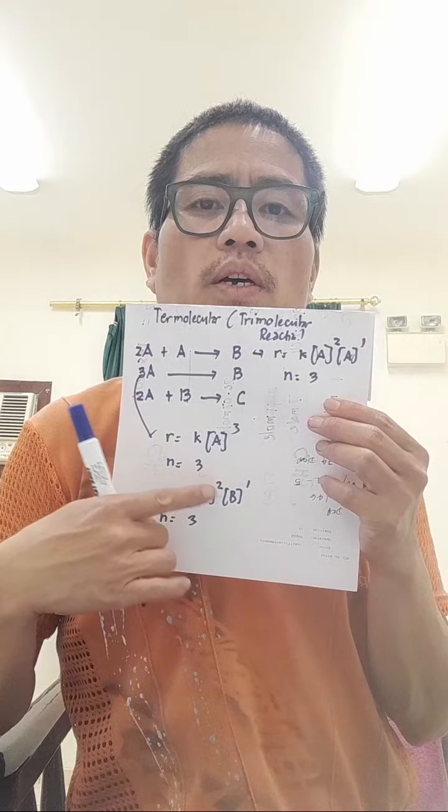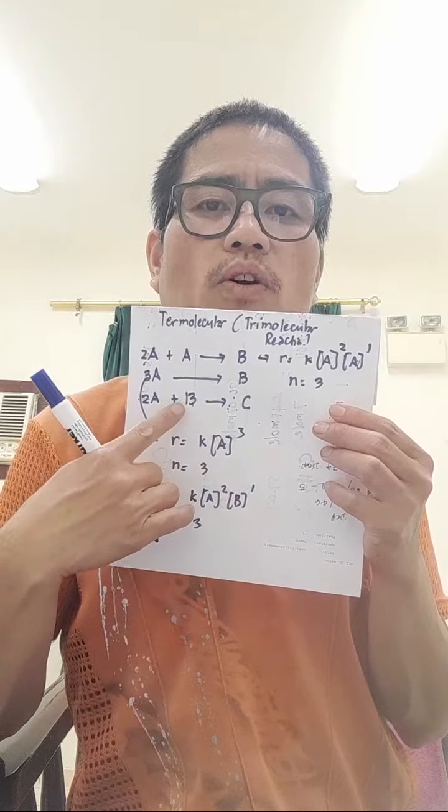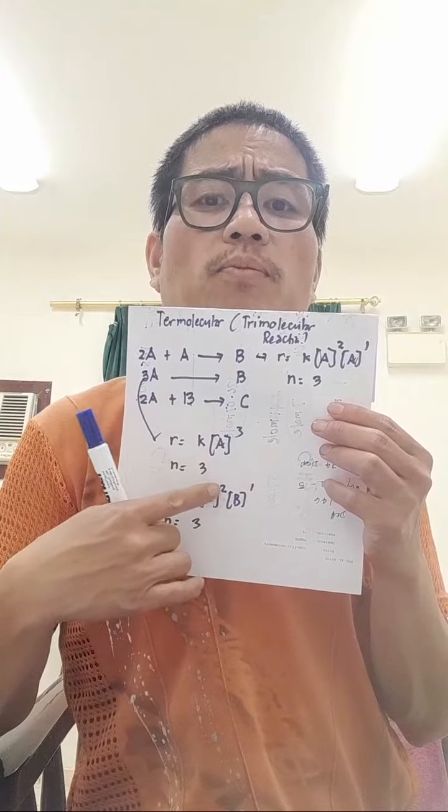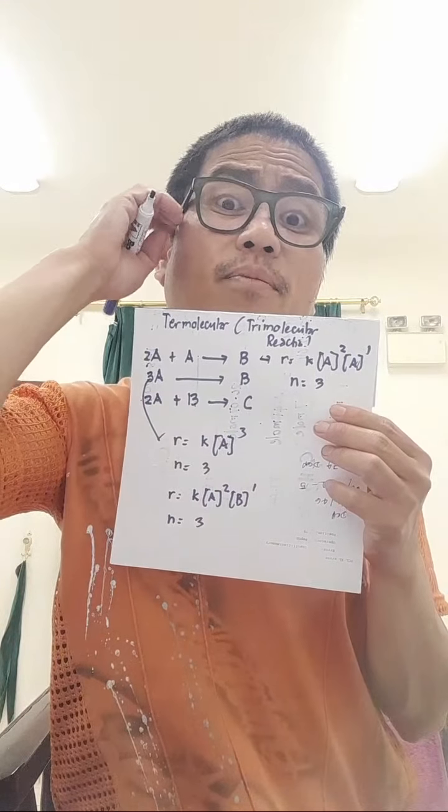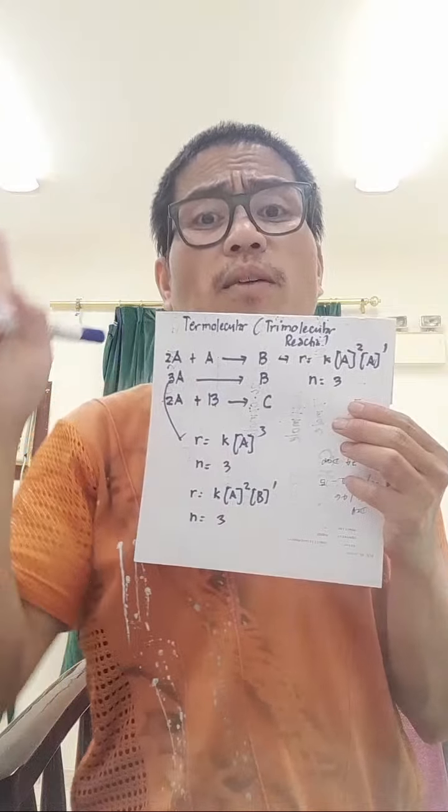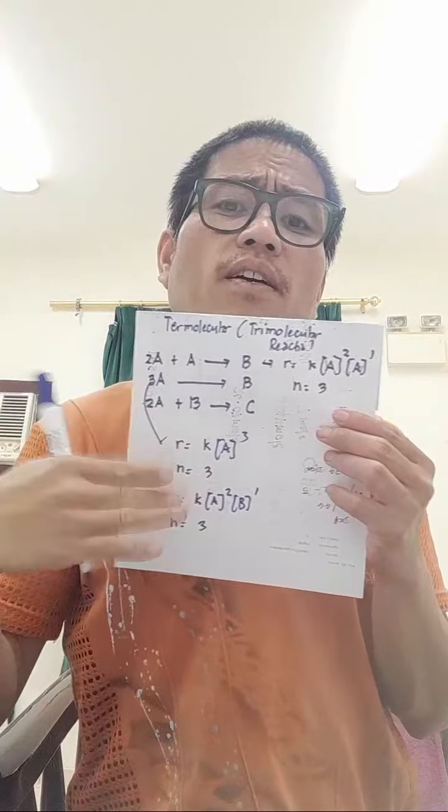This one, so R equals K, A raised to the power 2, then B raised to the power 1. This one is the coefficient here. Okay, the exponent will be the coefficient, not necessarily the number of moles, okay? Because the number of moles will be balanced, but the coefficient only.